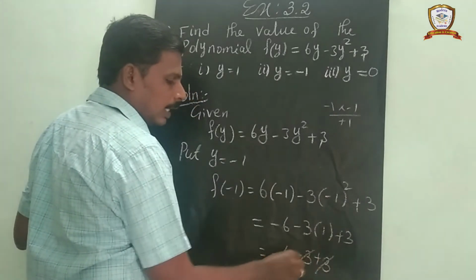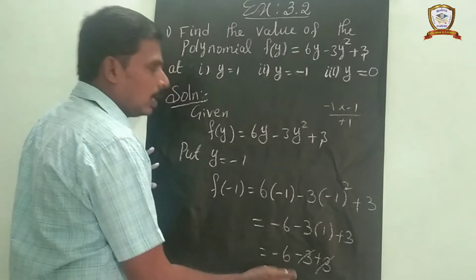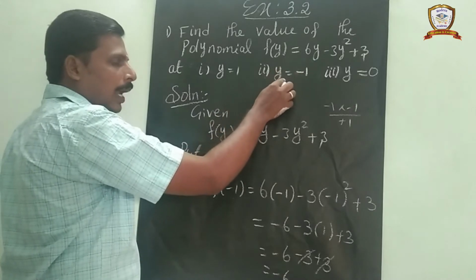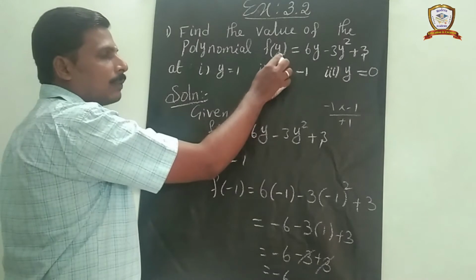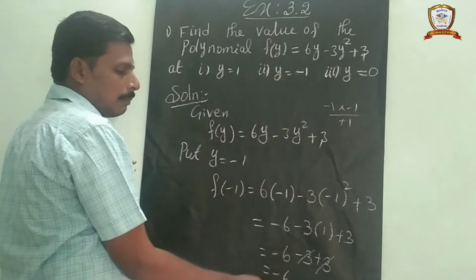Okay, plus 3 and minus 3 are cancelled. So the answer is minus 6. The value of the polynomial f of y at y is equal to minus 1 is minus 6.